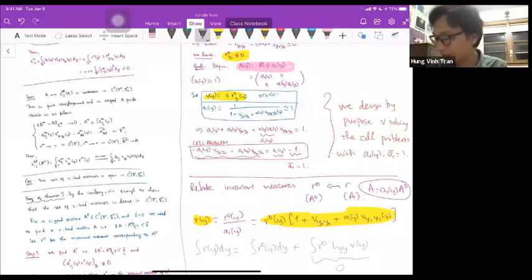So everything just becomes exactly 1. Okay, L naught. So it's really beautiful. Those are the key things we try. We try to design by purpose cell problems with their solutions, and we try to design by purpose invariant measures. And then by that we are done, because now let's take the integral.